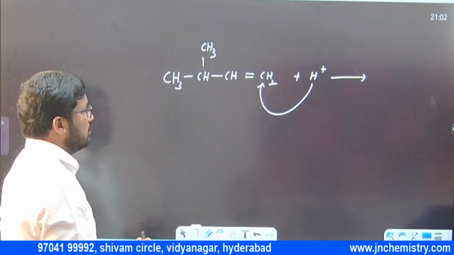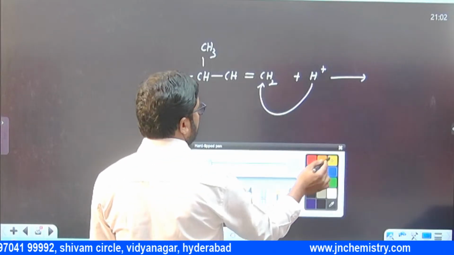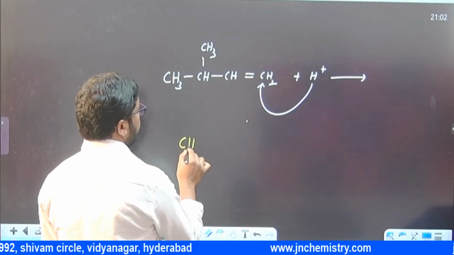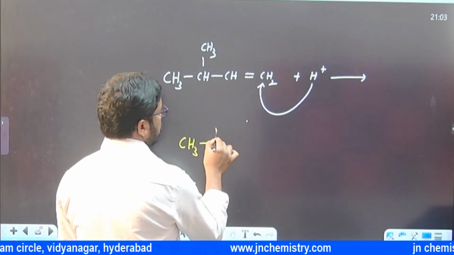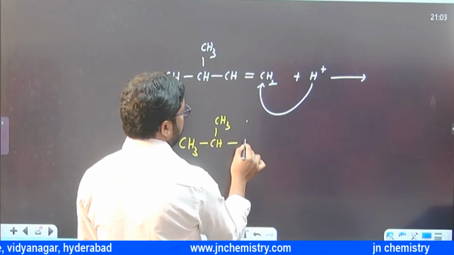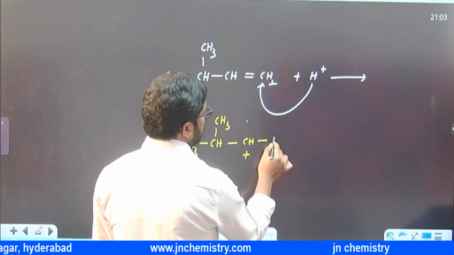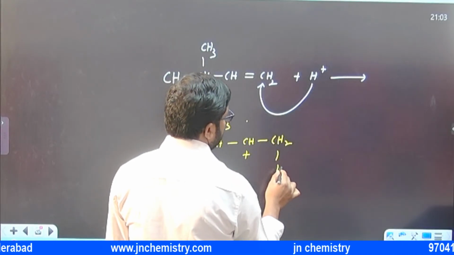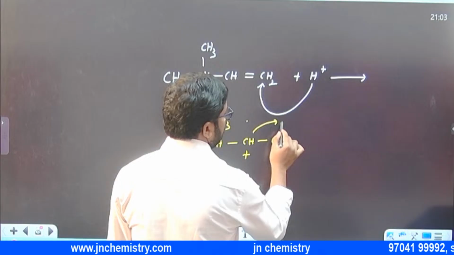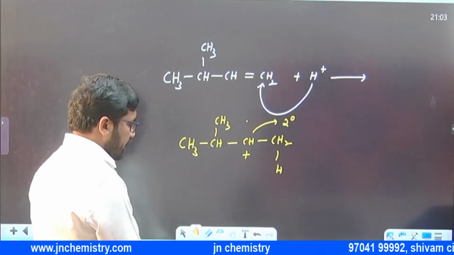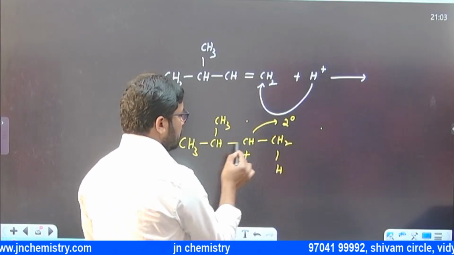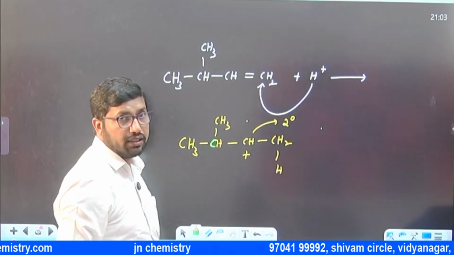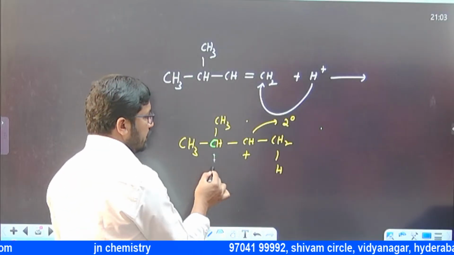Same like HBr only. So then what exactly happens? CH3, CH, CH3, CH plus, CH2. This is 2-degree carbocation, but we need to cross check whether an adjacent 3-degree carbon is there or not. So here a 3-degree carbon is there.